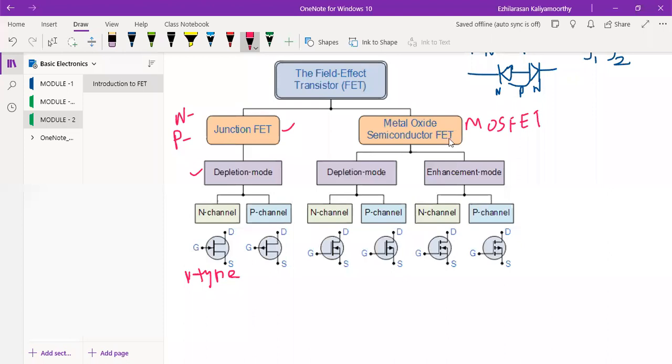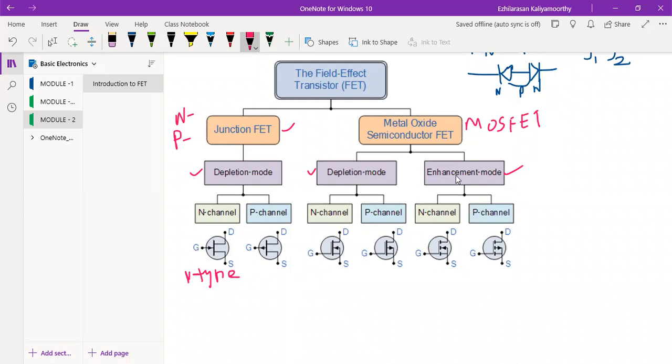Next, on the other side, is the metal oxide semiconductor field effect transistor. This will operate under two modes of operation: one is the depletion mode operation, and the other is the enhancement mode operation. For the depletion mode, again the same, N type depletion mode MOSFET and P type depletion mode MOSFET.